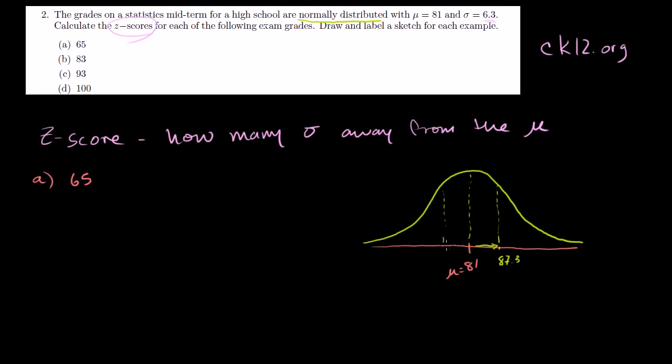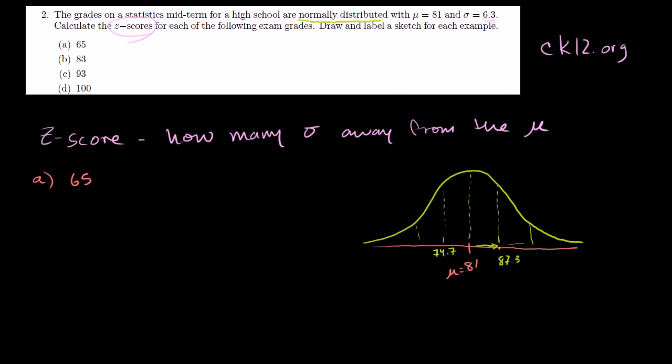If we go 6.3 in the negative direction, that goes to 74.7. If we add 6, it gets us to 80.7, and then 0.3 gets us to 81. So that's one standard deviation below and above the mean, and then you'd add another 6.3 to go 2 standard deviations, and so on and so forth. So that's at least a drawing of the distribution itself.